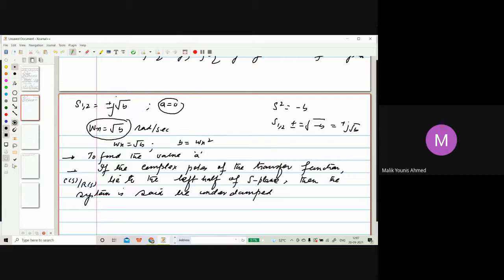Now let us assume the system is underdamped. The complex pole will have a real part. Then what is happening here?